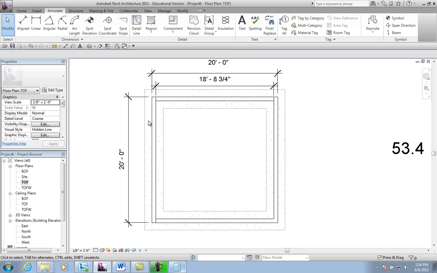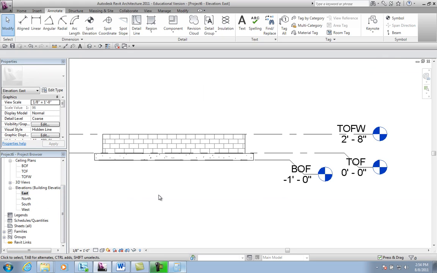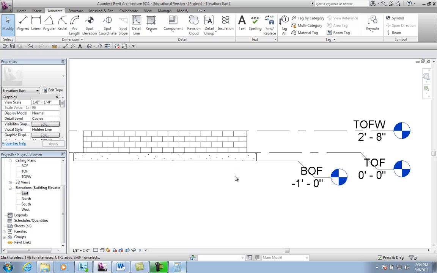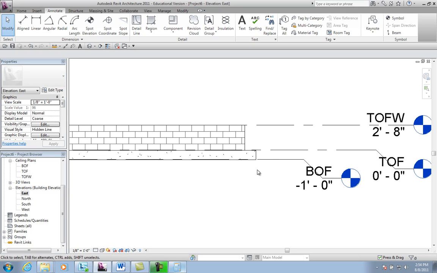First thing I'm going to look at is right here, 20 foot. So there's our length. Well, how about our width? What was the height of that wall? To do that, I need to go to another page, my elevations. You can see the elevation of this in a profile look. This is our footer.